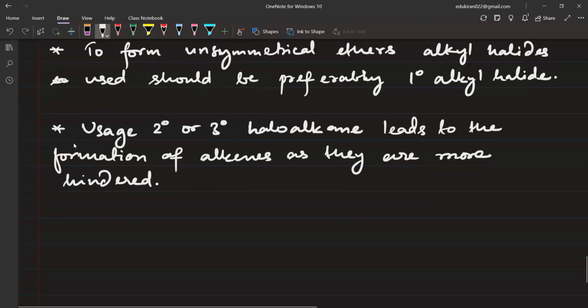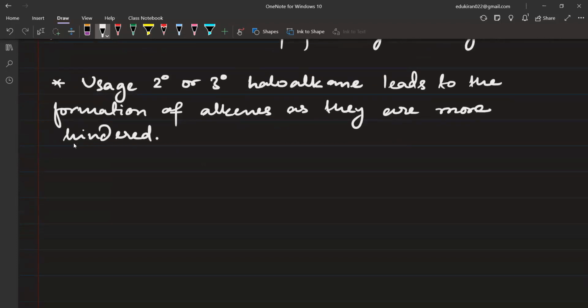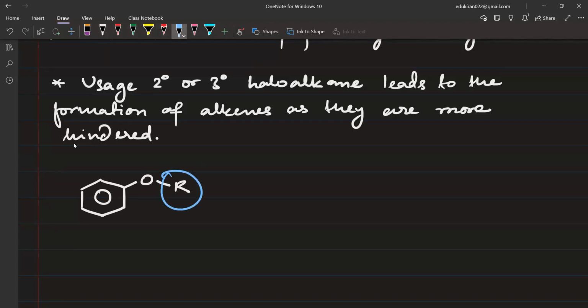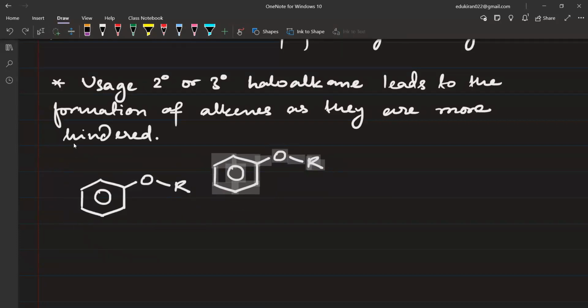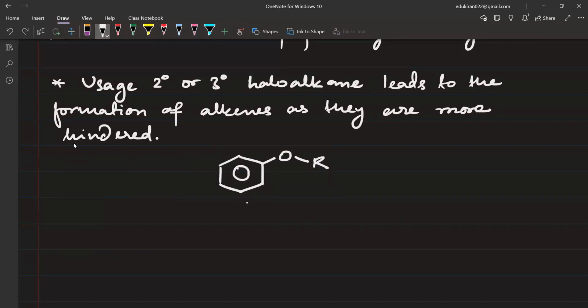Another thing, please write next, which is important. See, if I want to form an alkoxybenzene, with any R group like this, please understand, here we are having 2 alkyl groups, right? This particular thing can be made by 2 different reactions.